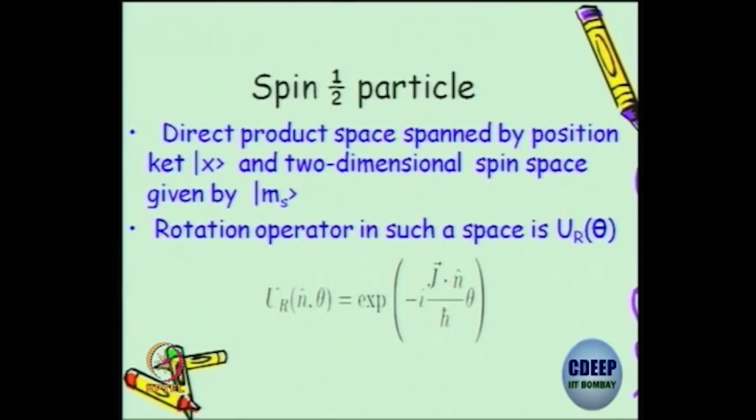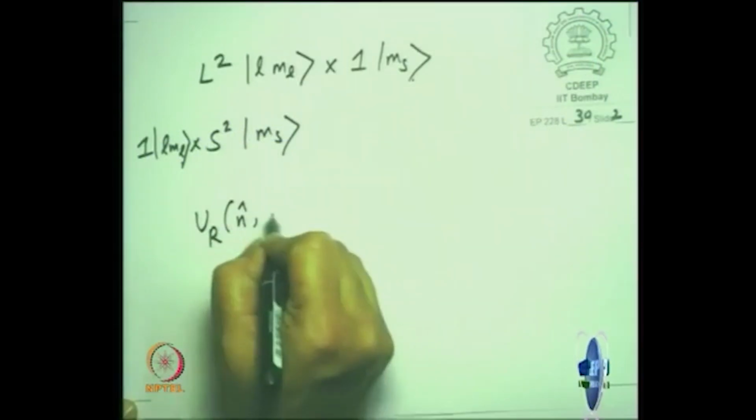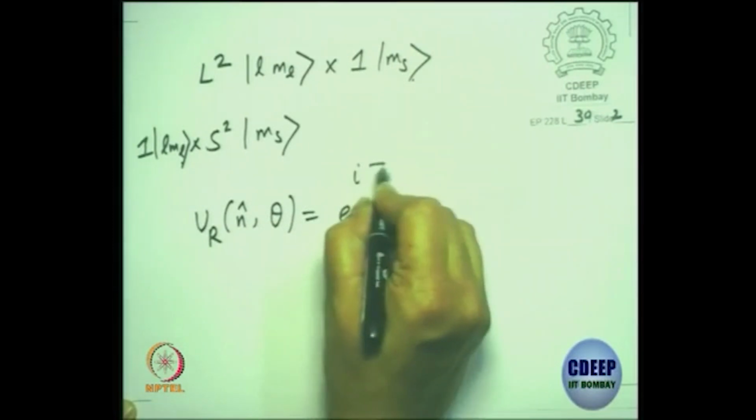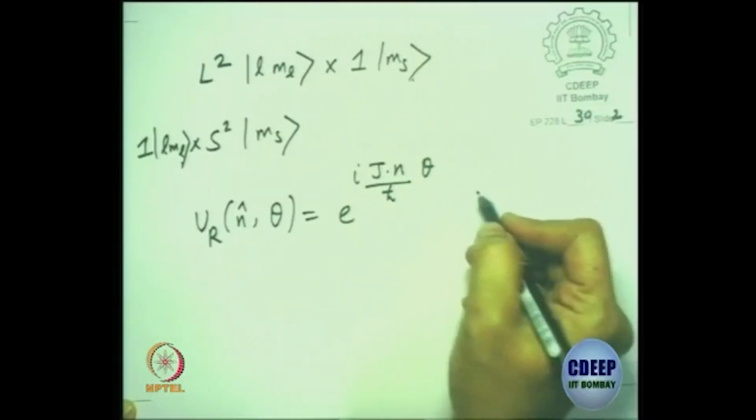So in the same way, can we write this UR operator in a neat fashion? So UR n hat theta is exponential of i j dot n by h cross times theta.